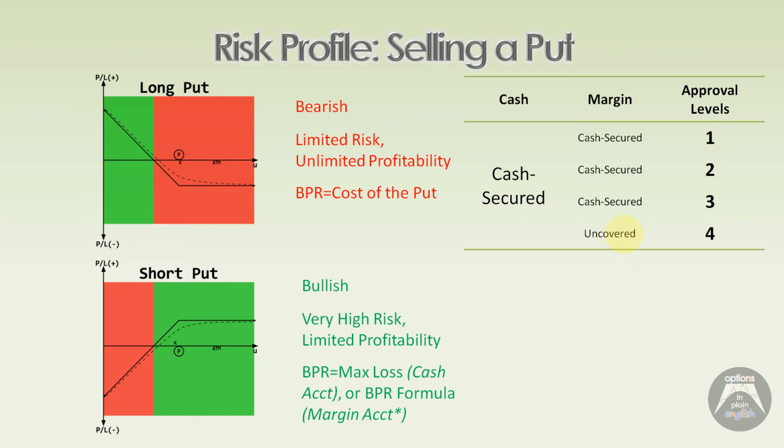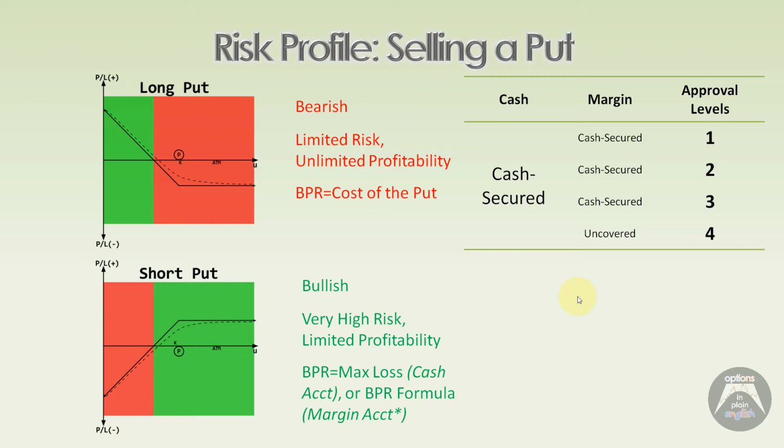For a margin account with the highest approval level, which is allowed to sell uncovered puts, or naked puts, the buying power reduction is going to be different. I'm going to give you an example of a broker. Most brokers are going to have something very similar, but they don't have to be exactly the same.